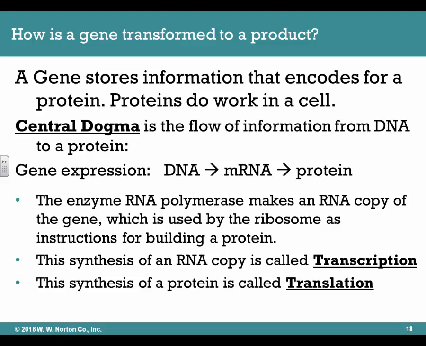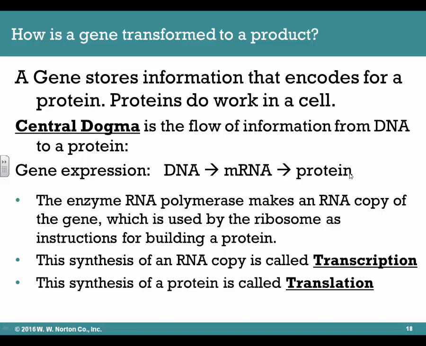So I just want to review what gene expression really is, and that's the process of processing the genetic information stored in our DNA into a functional form. And that, by the central dogma of molecular biology, always goes from the DNA, the gene, to the messenger RNA, that intermediate, to a protein.